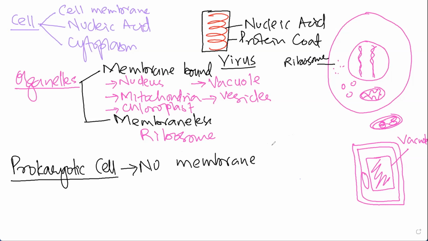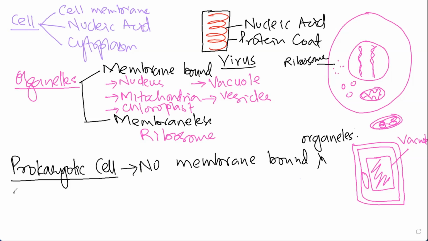When you call something a cell, it should have a cell membrane. But inside the cell, membrane bound organelles like nucleus, mitochondria, chloroplast, vacuole, vesicles, prokaryotic cells do not have these. So if I ask you what is a prokaryotic cell, you say no membrane bound organelle.